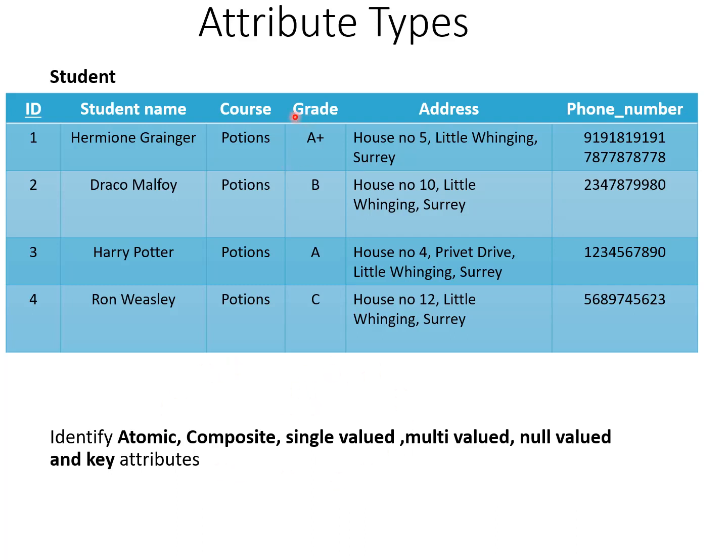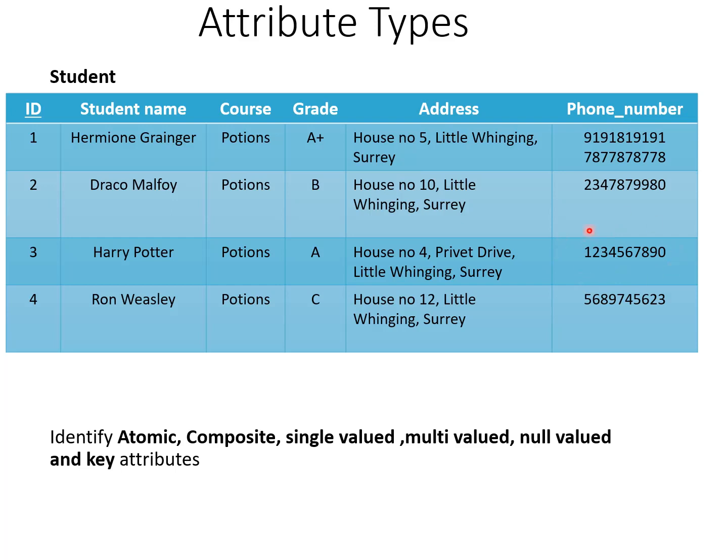For single valued, say a particular person can, for a particular course, get only one grade, so that is single valued, and the ID is single valued. And multi-valued, say if I am writing both the college address and the home address, this address field could be a multi-valued attribute.